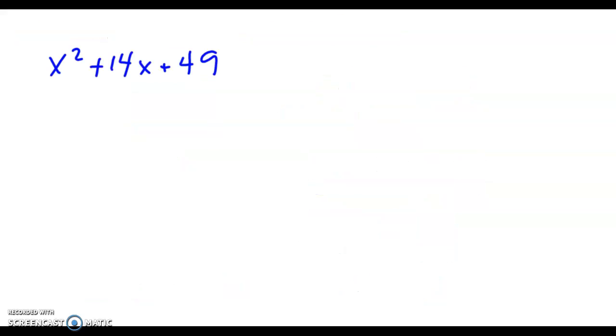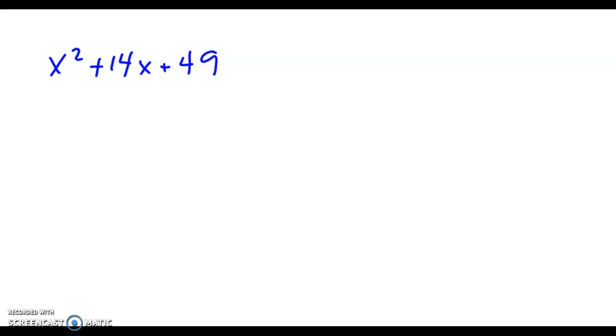Okay, with this strategy, let's do one more. This is number 2 from your assignment. Now, of course, when you're working today on your assignment, we are dealing with all perfect square trinomials. But if you were just factoring and going through it as normal, you would know there's no number in front of the x squared, or it's a 1, I should say. And so you could factor it using reasoning, using tiles, or using an area model, even if you don't notice that it's a perfect square trinomial.